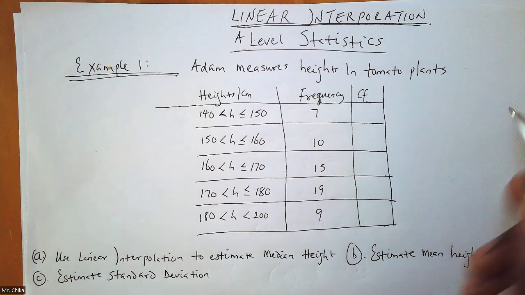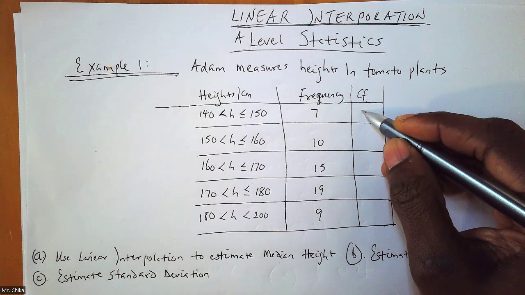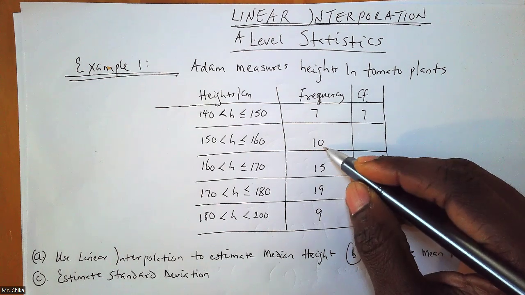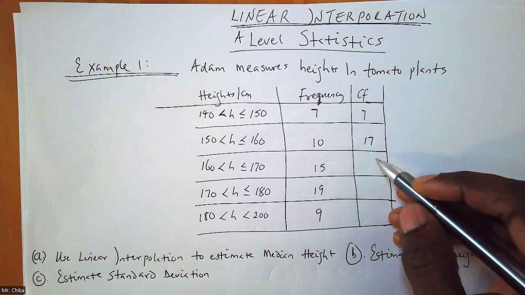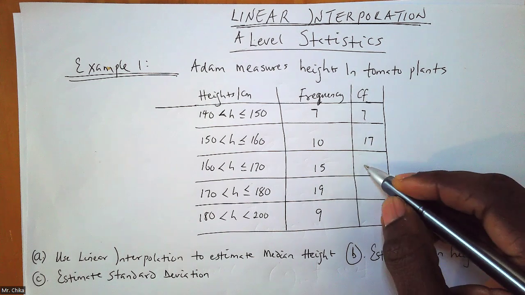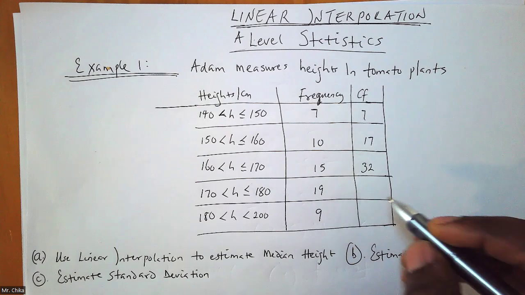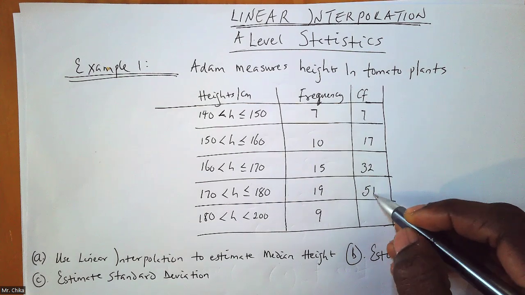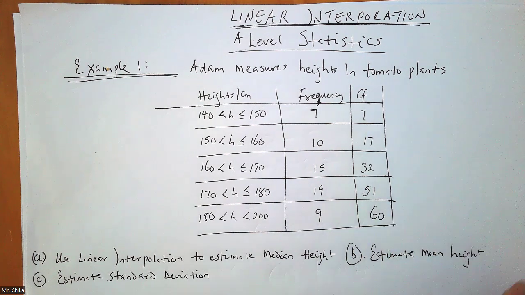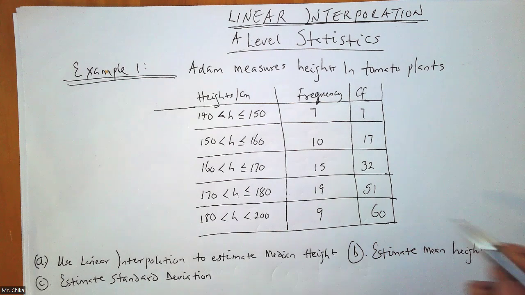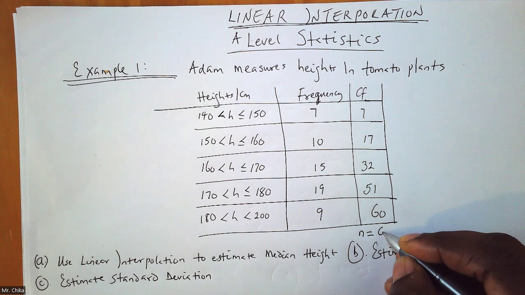So straight away, the cumulative frequency: 7 plus 10 will give us 17. 17 plus 15 will give us 32. 32 plus 19 will give us 51. 51 plus 9 will give us 60. All right, so straight away you can see that the total number of tomato plants is 60.